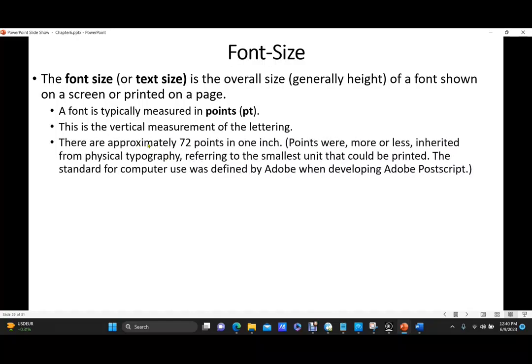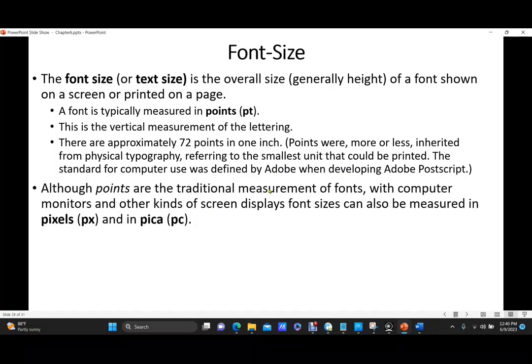There are 72 points in an inch, or 1 point is 1/72 of an inch. The measure of points was pretty much inherited from physical typography, and refers to the smallest unit that they could design to be printed. The standard for computer use was defined by Adobe when developing Adobe PostScript.